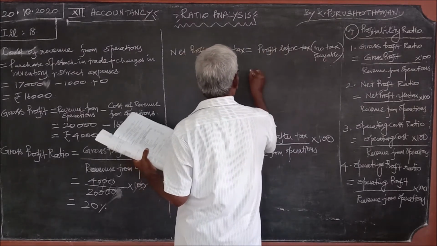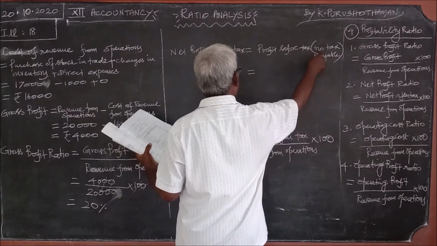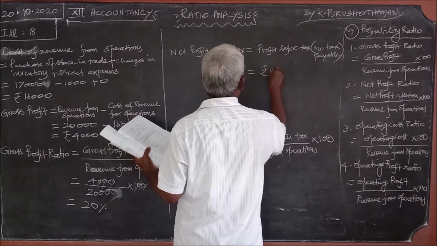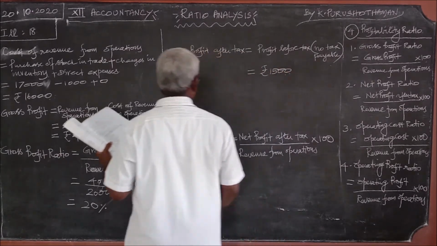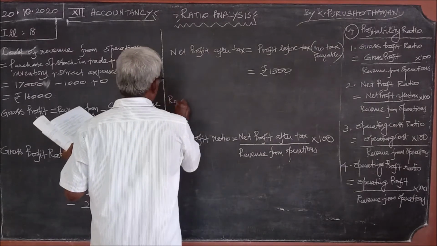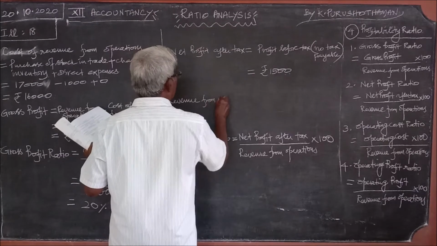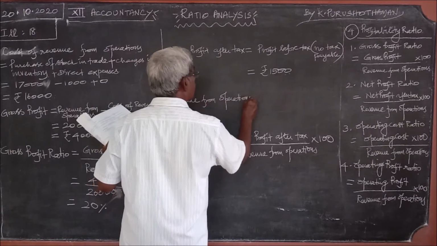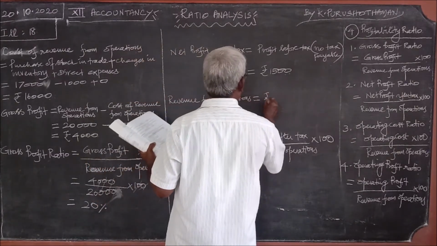Profit before tax, because no tax is payable, regarding tax, nothing is given in the problem, therefore you can take this 1,500 as it is. Then regarding the denominator, revenue from operations is equal to, in this problem, 20,000.